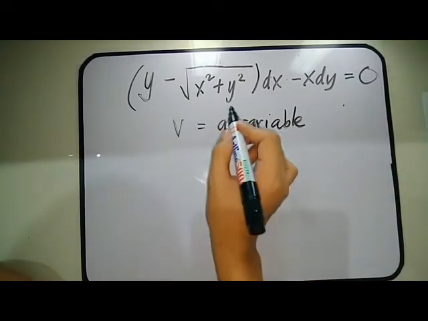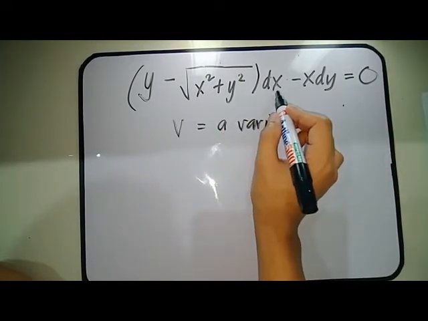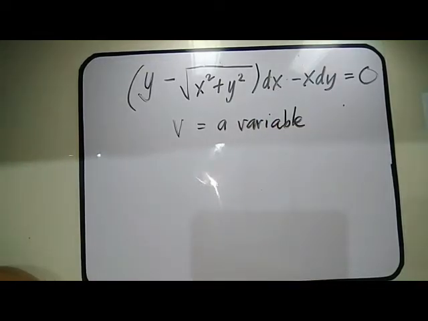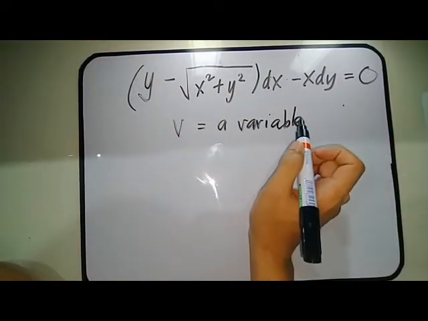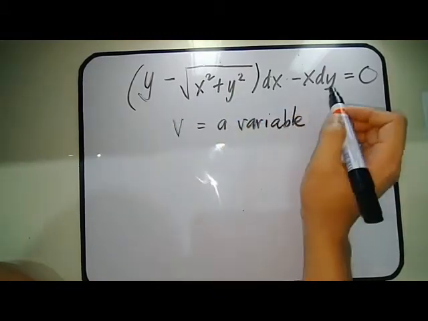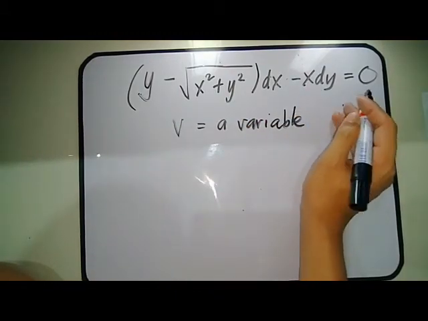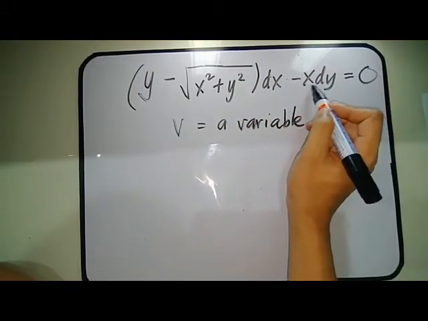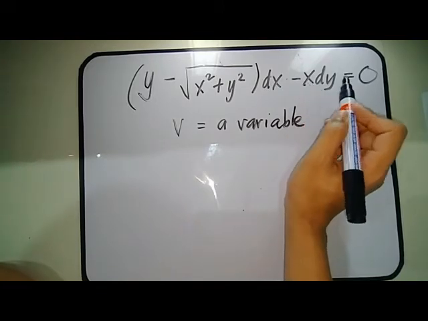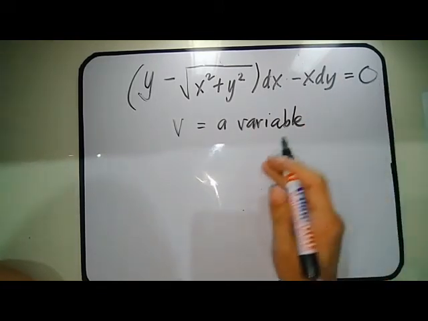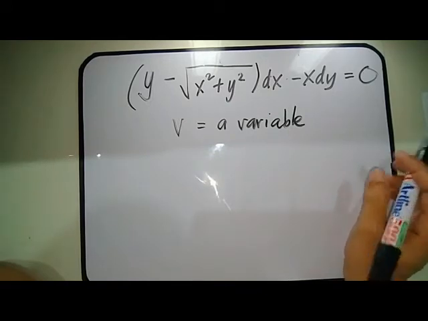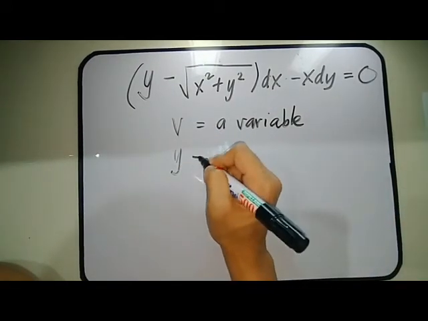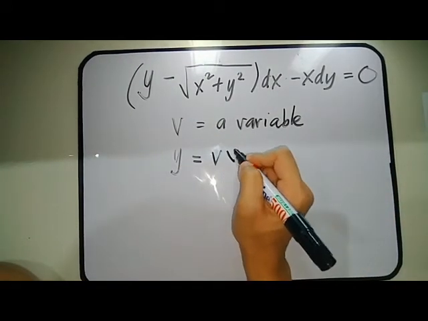If this expression, yung katabi ng dx is actually simpler, but in this case, alin ba yung mas simple guys? Yung katabi ng dx or yung katabi ng dy? So basically, by inspection, ito ang pinakasimpleng expression, yung katabi ng dy. Therefore, ang magiging substitution natin is let y equals vx.